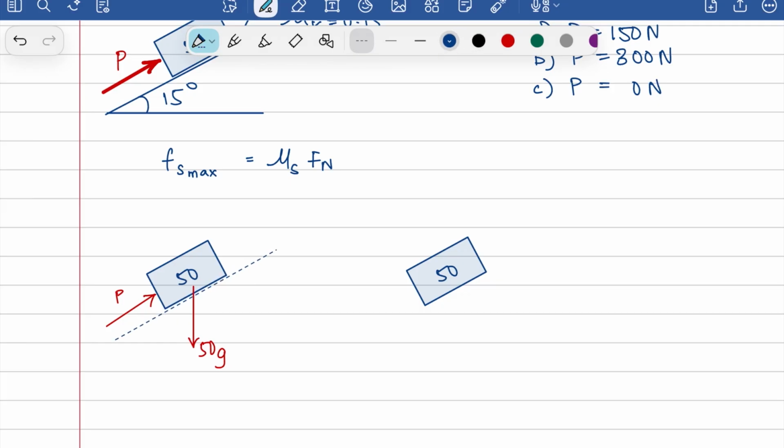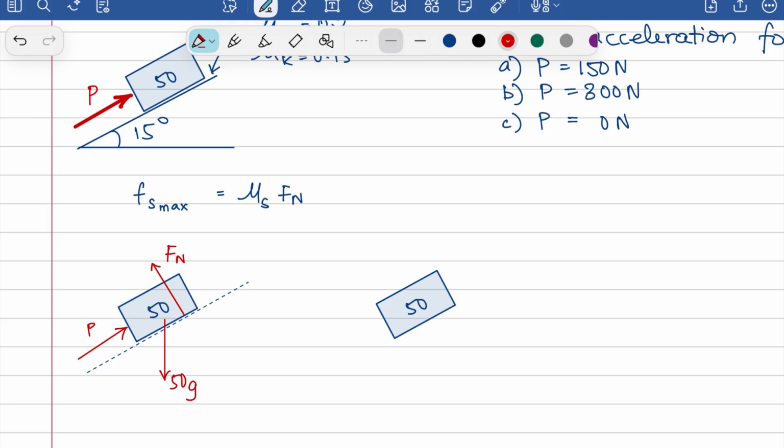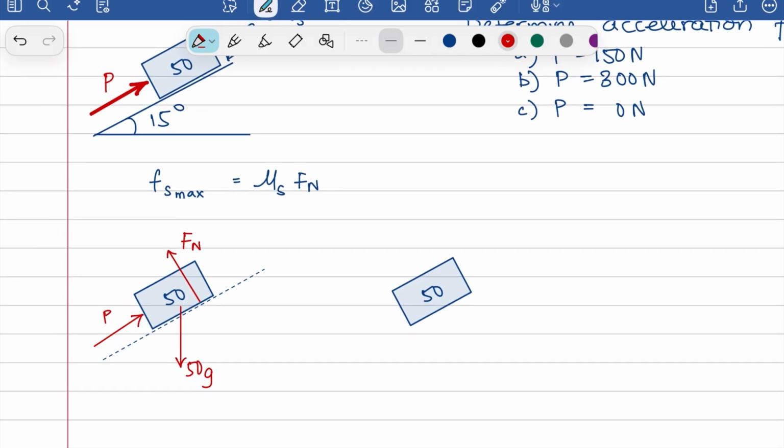Then from the surface, you have a normal force acting in this way. Are there any other forces? Yes, there will be friction. But for now, I'm just looking at Fn.